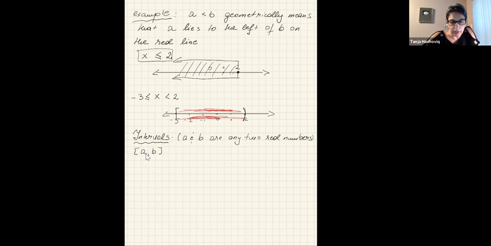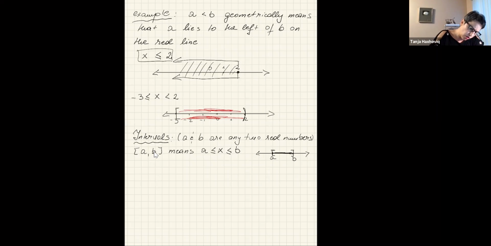It means that we're talking about all numbers that are greater than or equal to A and less than or equal to B. So this means all numbers that are greater than or equal to A but less than or equal to B. In the real line, if this is A and this is B, then we're talking about all numbers that lie on that part of the real line. Okay, A and B is included.